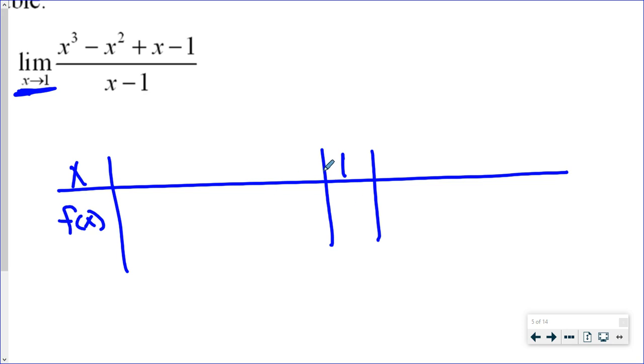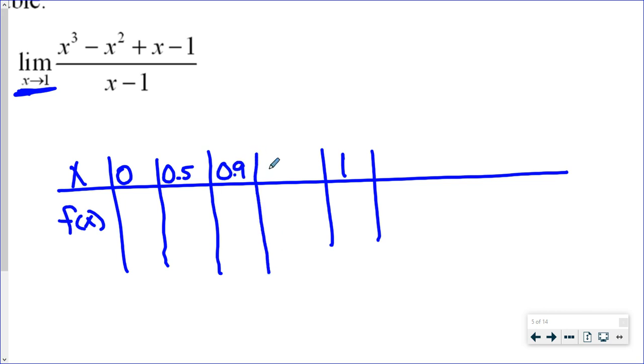What is just to the left of 1? 0. If I want to get closer, I could say 1/2. If I want to get closer yet, I could say 0.9, and closer still, 0.99. What is just to the right of 1 on a number line? 2.